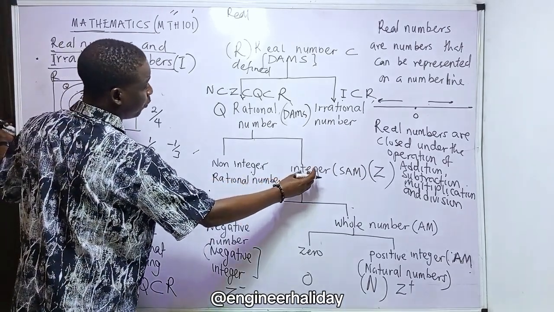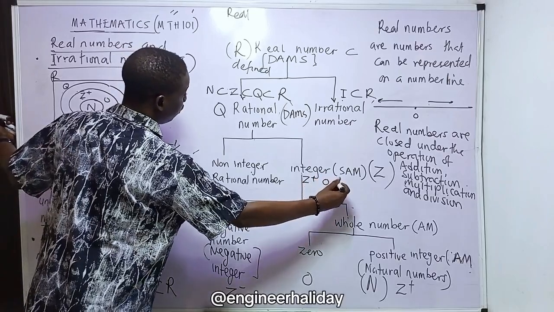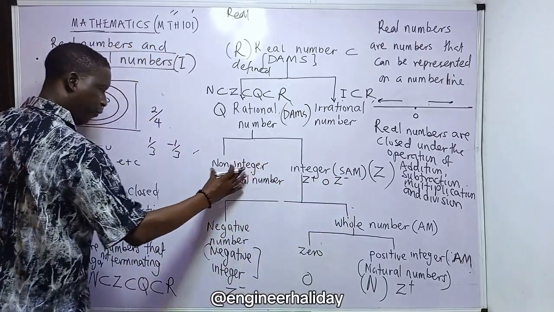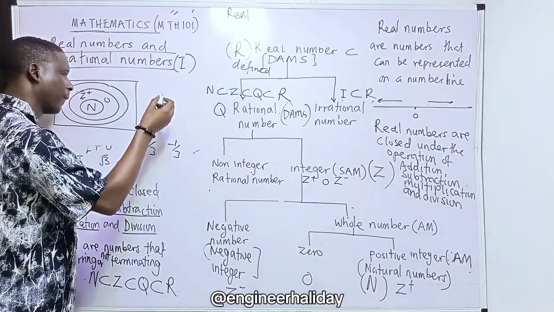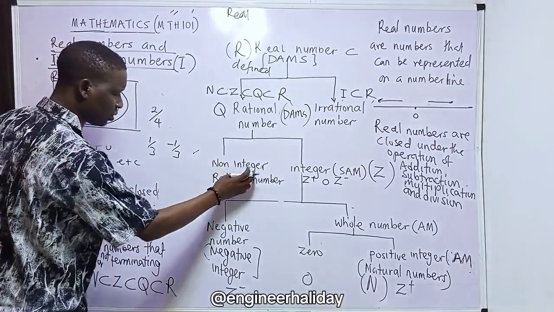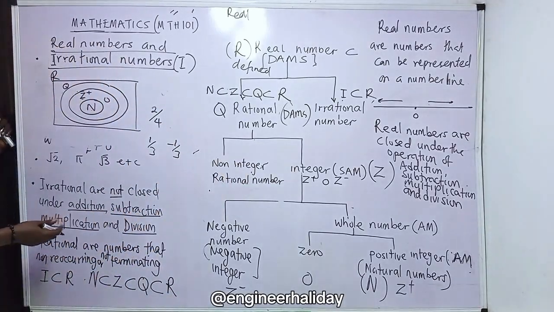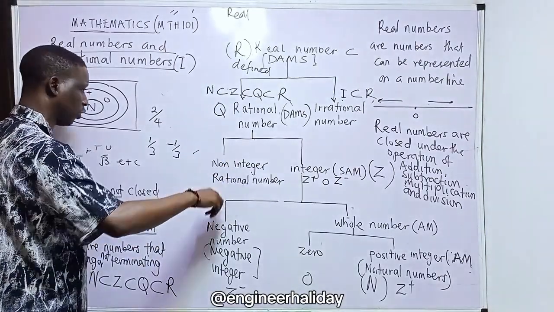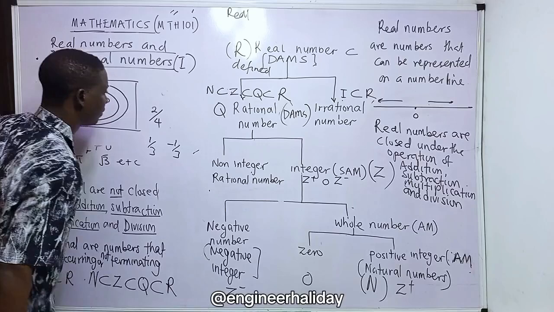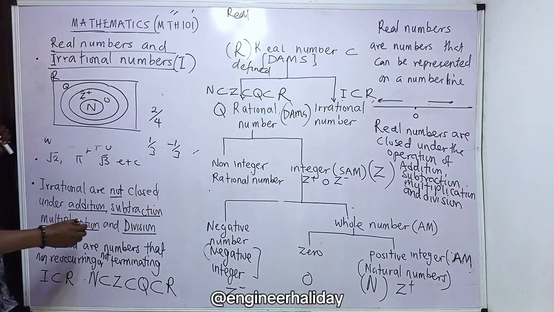Because anyone that is not a positive integer, zero, or negative integer falls here. And what are the numbers? 1/3, 2/4, 8/9. Those ones are under here. They are terminating numbers, and they are fraction in nature. So that is just that.